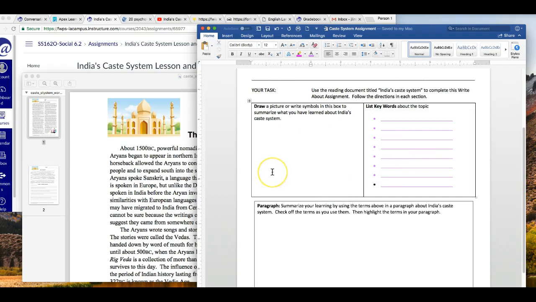After you are done drawing what you have learned about India's caste system, you are going to go over to this box right here, and you are going to list keywords about the topic. Now, before we look at the document for keywords, one thing that I want you to think about is when I create this Word document, it might not be super easy to stay right on the line.